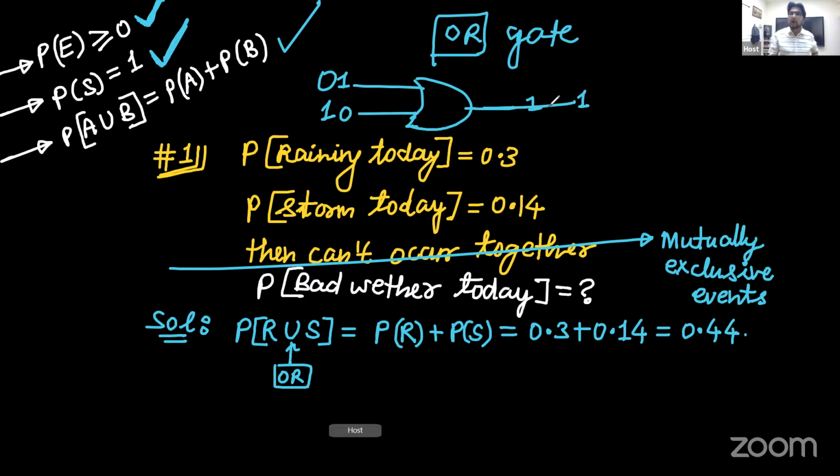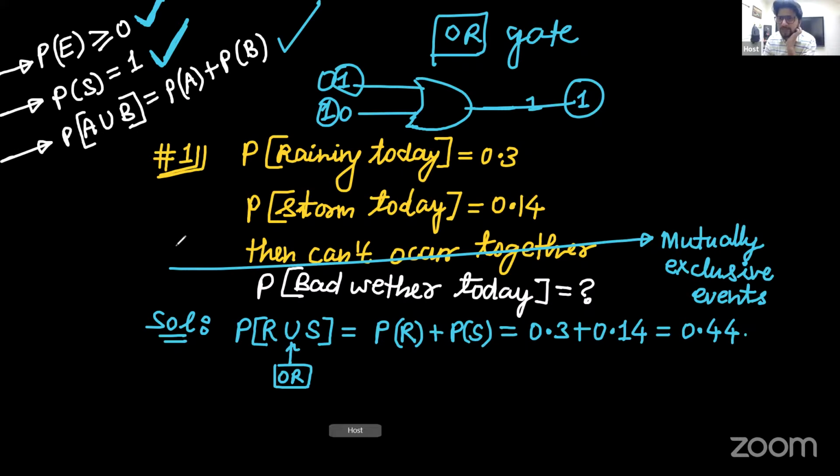That means an OR gate gives you an output even if only one of them is giving an input. So union is satisfied by OR logic: if rain happens, union is satisfied; if a storm happens, union is satisfied. You have studied logic gates in basic electronics in the first semester of engineering. That is the logic behind the third axiom.